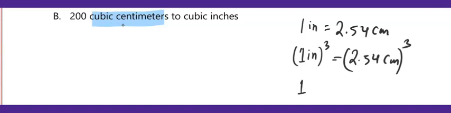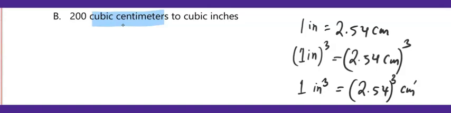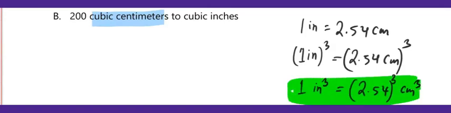This is the same as 1 inch cube equals 2.54 to the power 3 centimeter cube. So this is the conversion factor I have to use to change cubic centimeter to cubic inches.